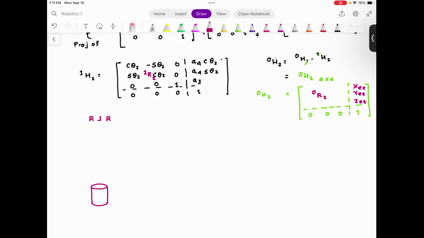Okay, so I have this first revolute joint. Then I have this second revolute joint. And then I have this third revolute joint.